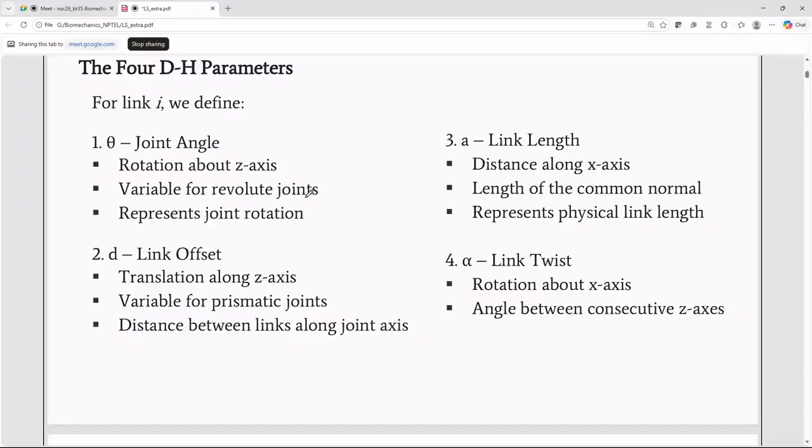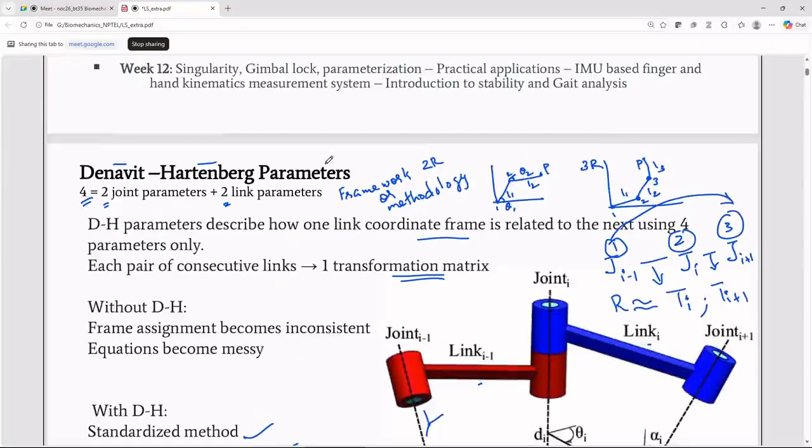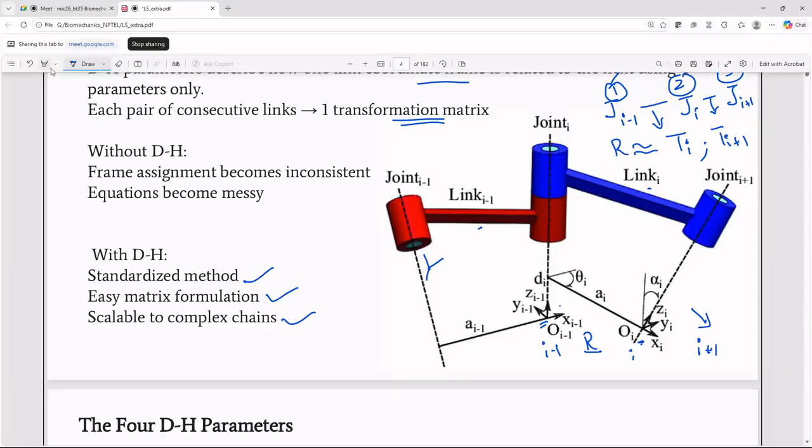So here, you can see there are some parameters. Let me erase the other things.